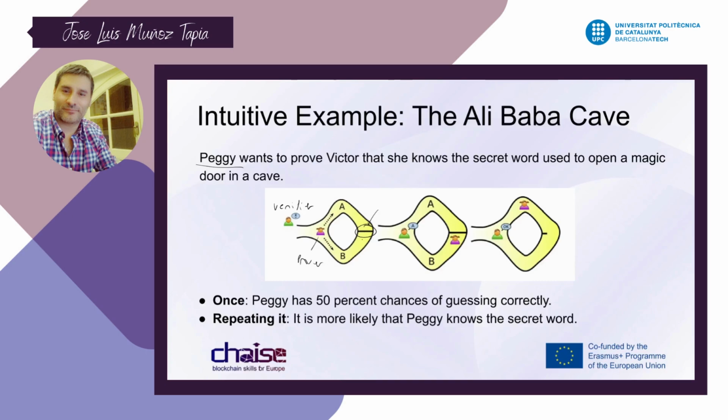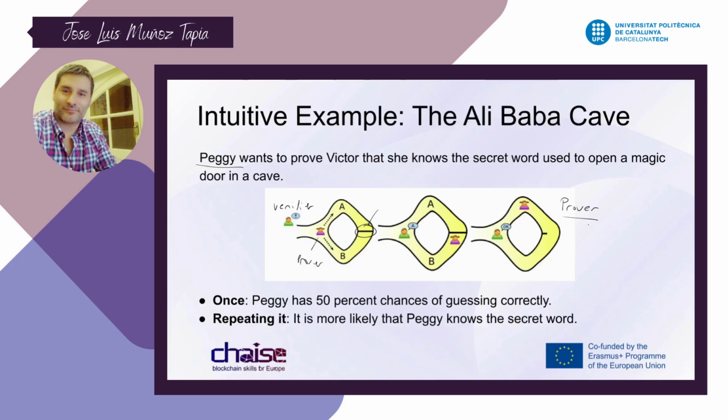I want to prove to you that I know the secret word. I want to convince you, but the prover wants to keep this secret word secret, only known by her.